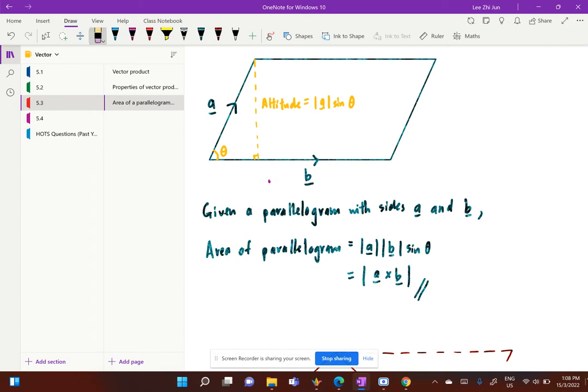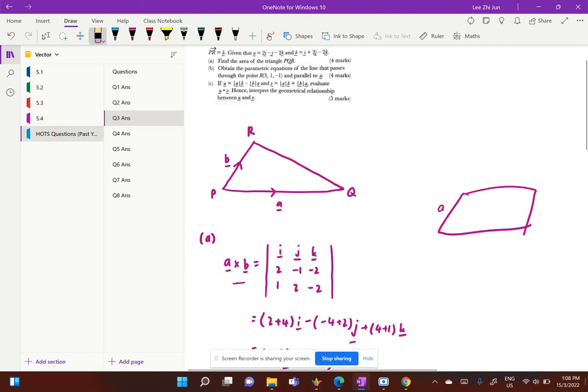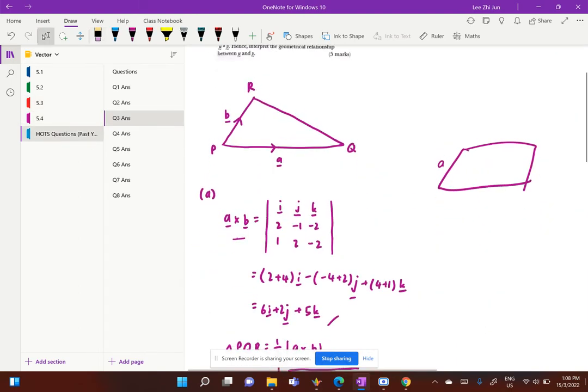So the triangle will be half of the parallelogram, so we need 1 over 2. So don't be confused that A and B is the normal vector. When I times the A and B, I will get the answer going outside. It's a bit special.